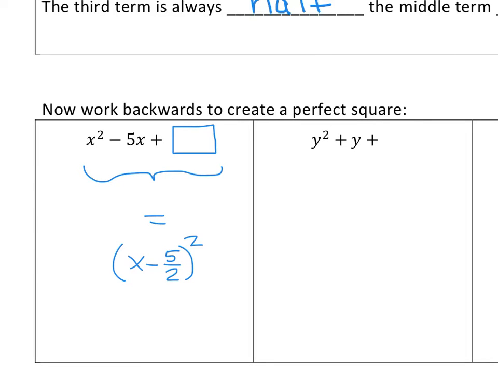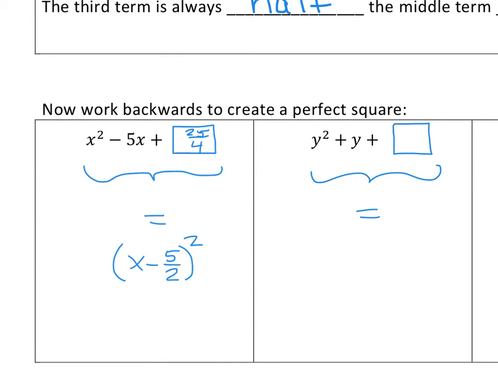Negative 5/2 squared is going to give you the positive 25/4. And by the way, it's probably worth saying, this is always going to be an add. This C here is always going to be positive, because if we square a negative, you're going to end up positive, okay?